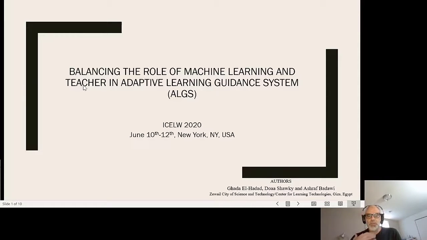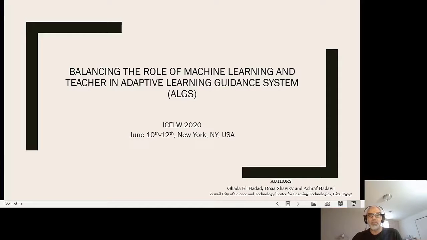So one of the questions that was asked prominently is, how do we balance the role of the teacher versus the machine learning? They apparently are not speaking the same language.